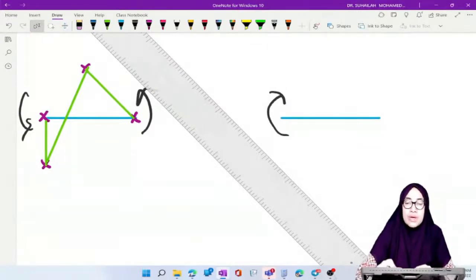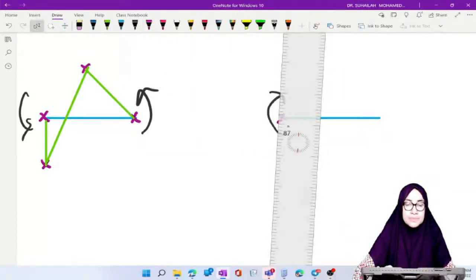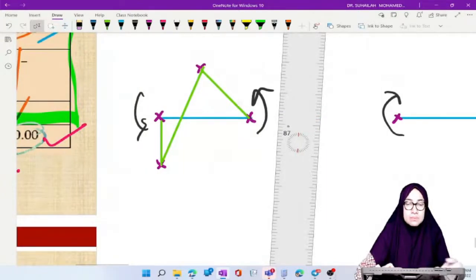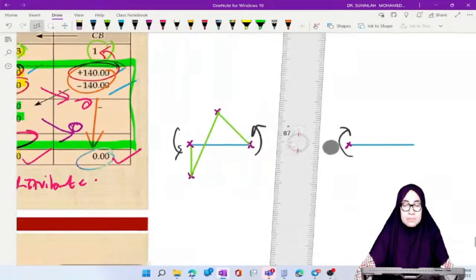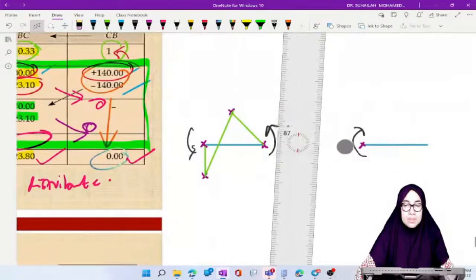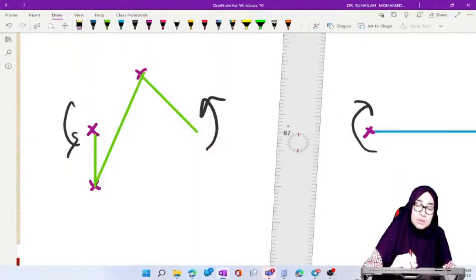The first point will be the 0 point, and it moves to the last, sorry, this one is not the point.